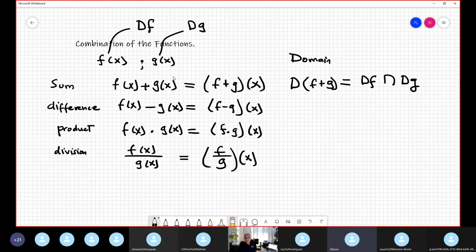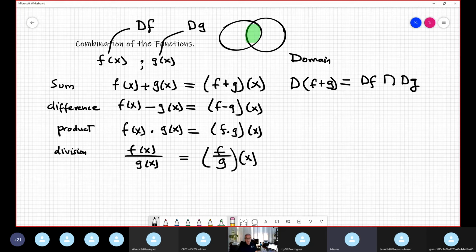What does intersection mean? The common values in between these domains. Suppose the domain of g is this set, symbolically, and the domain of the other is like that. The domain of the combination is the intersection, because it's the values that both functions share and are not undefined.